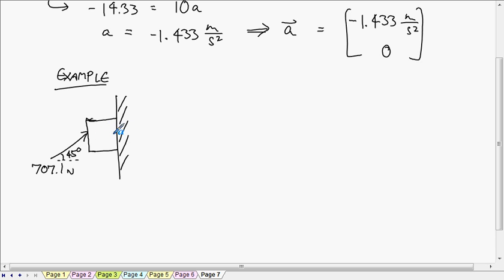And let's say that it has a mass of 10 kilograms again. And let's say at the instant shown, it's sliding up the wall. What's the acceleration vector?